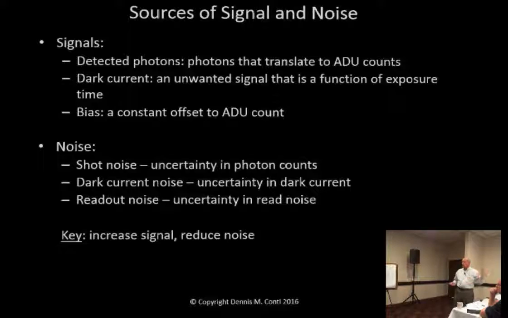There's some uncertainty when we're reading out data. So the key then is to increase the signal and reduce the noise. And so understanding, as I said earlier, dark current, readout noise, bias, and all the rest will help us determine where we are with respect to getting a good signal-to-noise ratio, what we can do about it and what we can't do about it. So when we hear signal-to-noise ratio, the important thing to remember is this is what's going in the signal, this is what's going in the noise, and that's what we need to achieve. Increase the signal, reduce the noise.